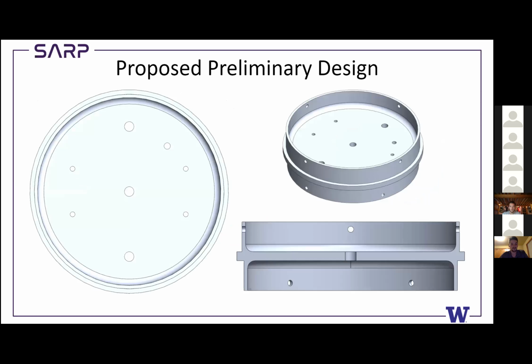Next slide. Thank you. So here's a closer look at our proposed preliminary design. Here on the left is this whole design I was talking about, which will most likely change by the end of the year. But right now, we have this hole at the center that has our eye bolt mount, and then this rectangular pattern on the left and the right for our payload mounts.